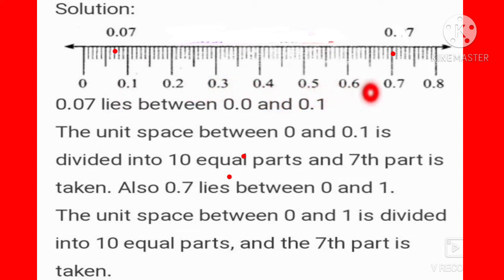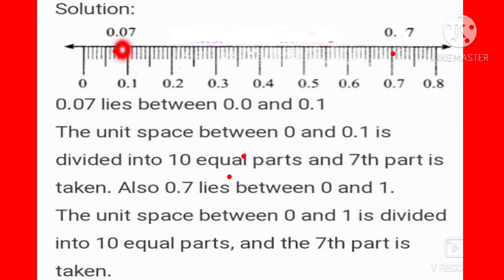And here 0.7 lies between 0 and 1 and is less than 1. So on a number line, 0.7 lies between 0 and 1, and here is the position.